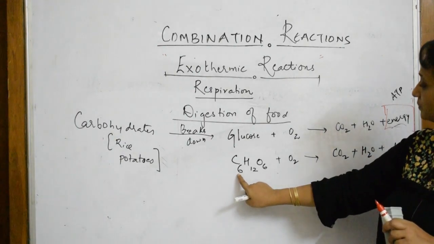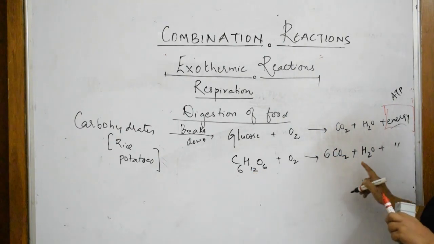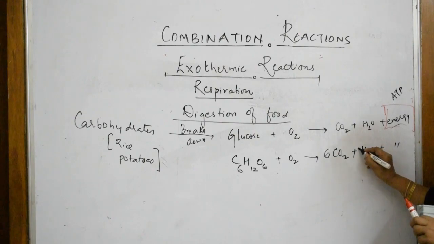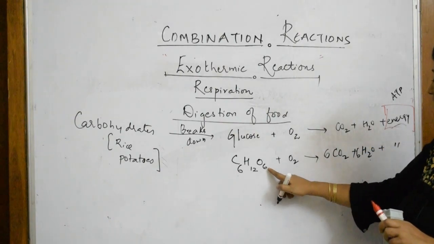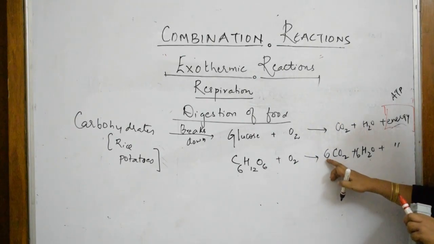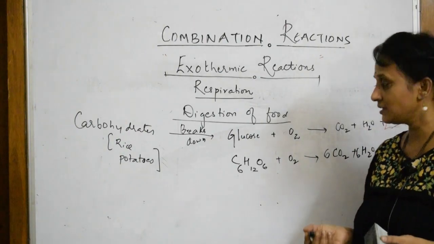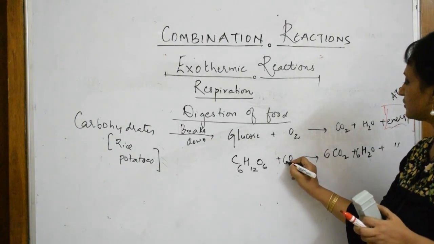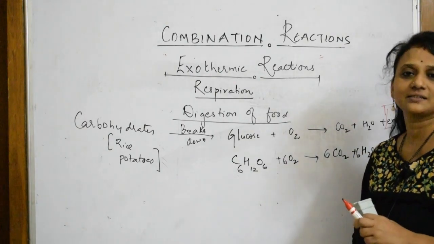Now here carbon is 6, so I'm putting 6. Here hydrogen is 12, already 2 is there, so I'm putting 6. 6 2s are 12. Now oxygen is 6 plus 2, 8. Oxygen here is 6 2s are 12 plus 6, 18. So what should I put? Just say, students. If I put 6, let's see: 6 2s are 12, 12 plus 6, 18.